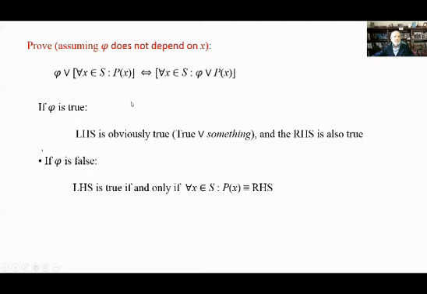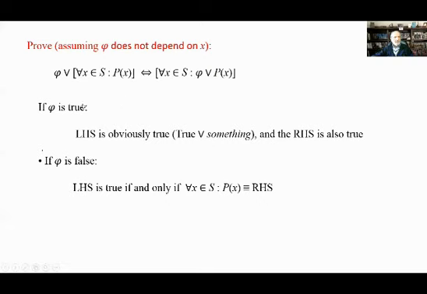Here's an example. Proof, assuming phi does not depend on x: phi or for any x in S, Px is equivalent to, if and only if, for any x in S, phi or Px. When you want to prove if and only if, you have to prove it in both directions, or you can do it directly if you have equivalence properties.